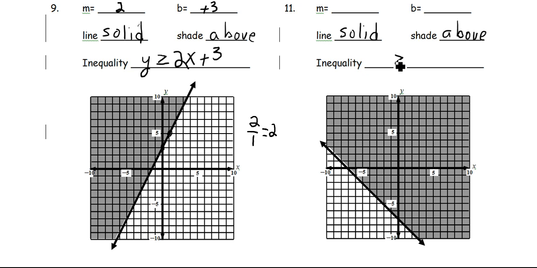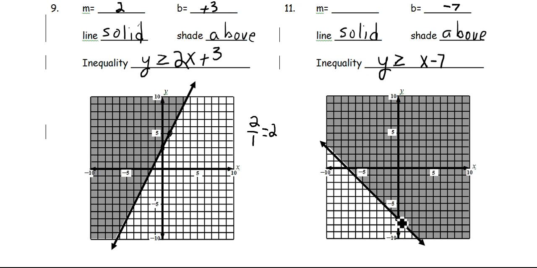Okay, and we can put in our y, leave a space in front of x, and let's look, our b value. So where does it cross? That's -5, -6, -7. The b value is -7. So I can put that after the x. I'm going to find 2 points. It's always handy if it crosses right there to use it. Look at this.